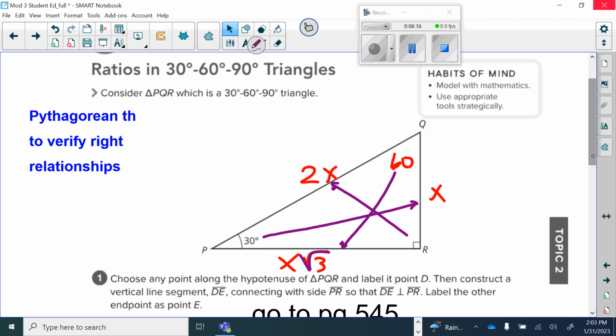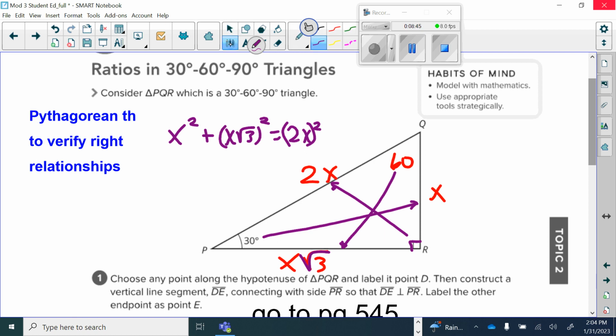Now let's go ahead and prove with the Pythagorean theorem that those relationships can occur because it's a right triangle. So if it's a right triangle, that means the Pythagorean theorem must be true. So we have a squared, we'll just call that one x squared, plus x root 3 squared equals 2x quantity squared. Okay, a squared plus b squared equals c squared.